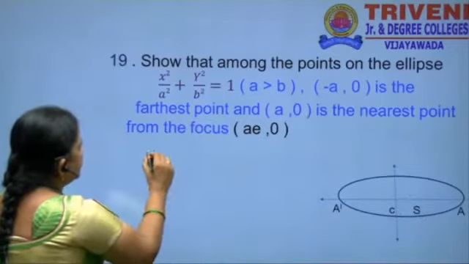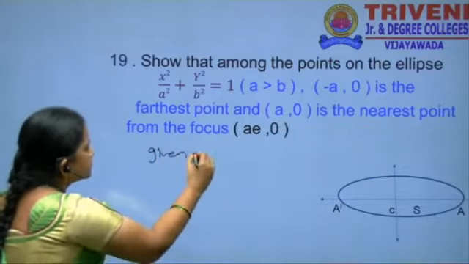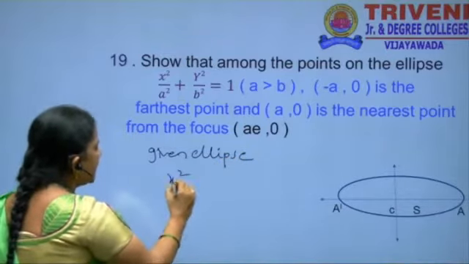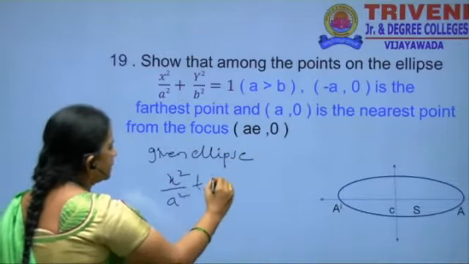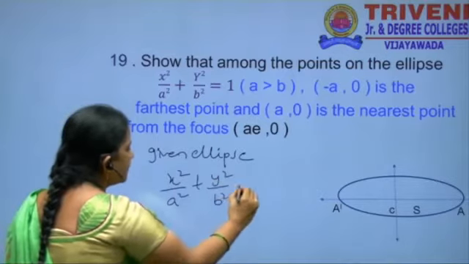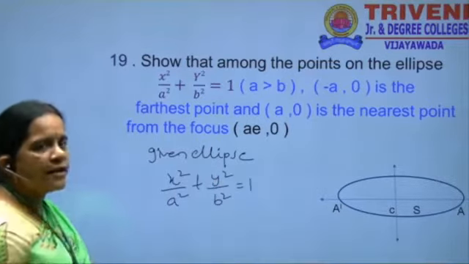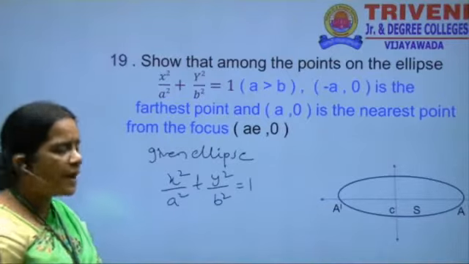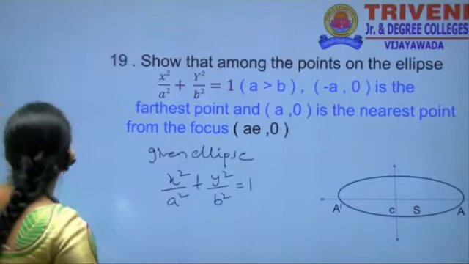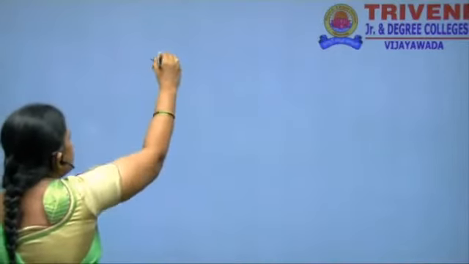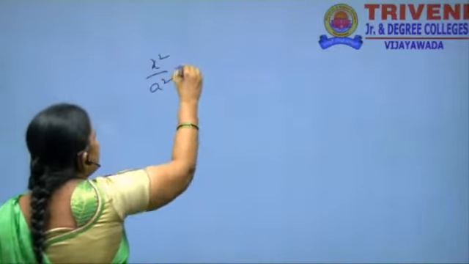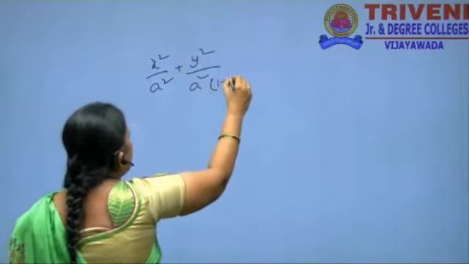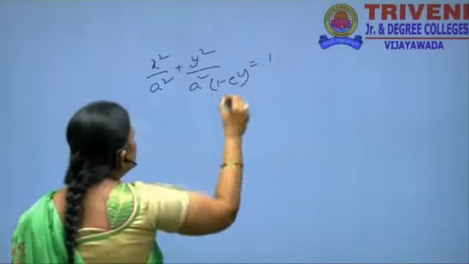The given ellipse is x square by a square plus y square by b square is equal to 1. Already you know the value of b square is a square into 1 minus e square. Substituting here, x square by a square plus y square by a square into 1 minus e square is equal to 1.